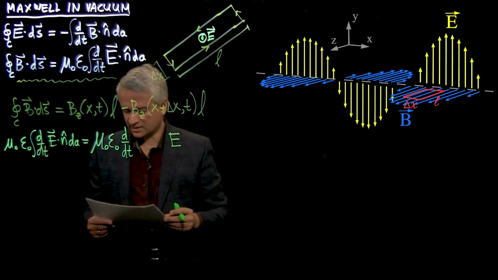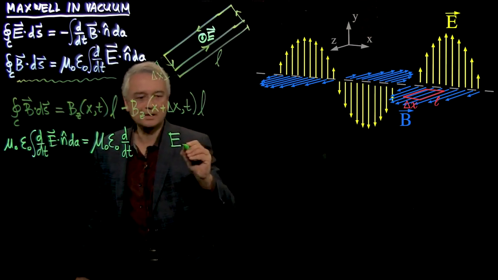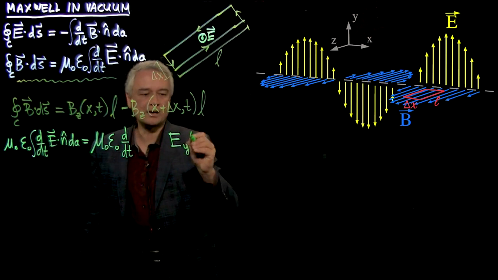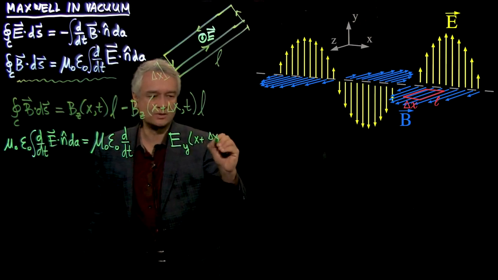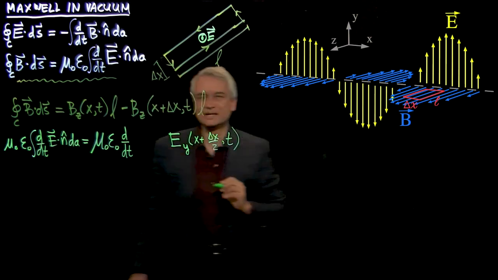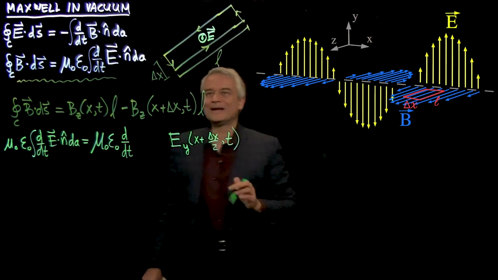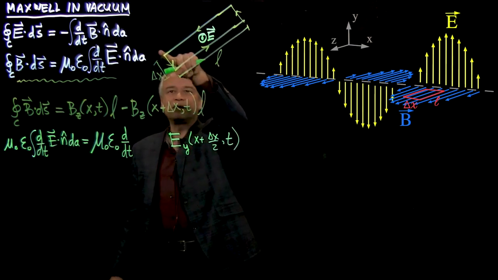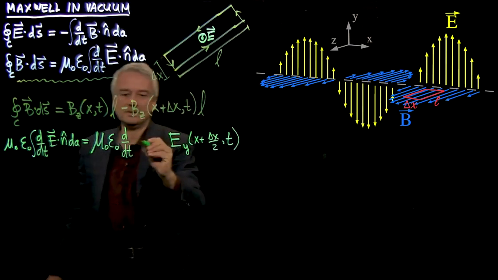It's the one that's non-zero, Ey. Evaluated where? Right in the middle of the rectangle, at x plus delta x over 2. Evaluated when? The entire calculation is at time t. And then I need the area of the rectangle, which is delta x times L.